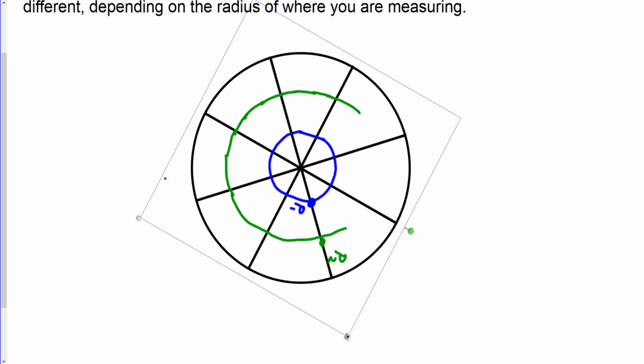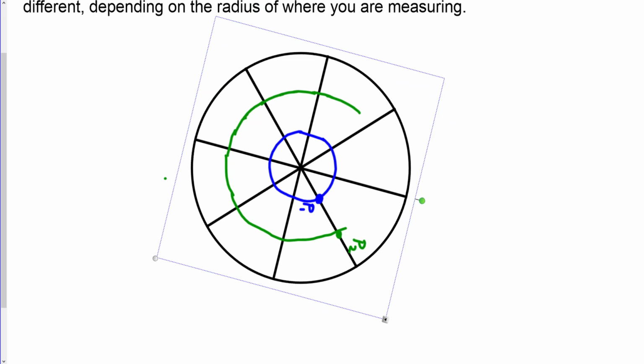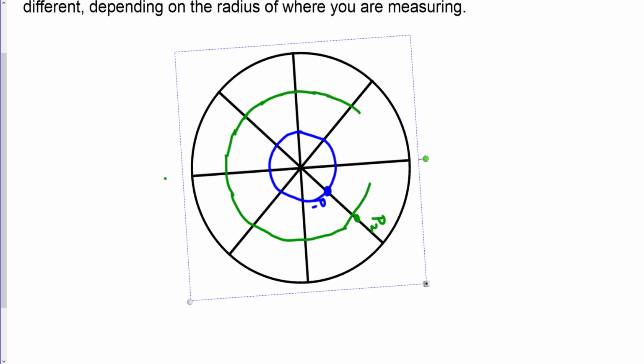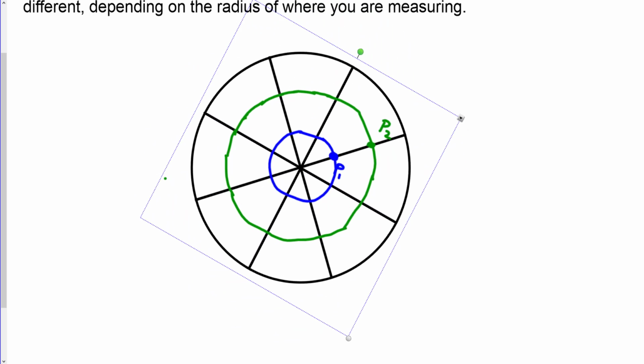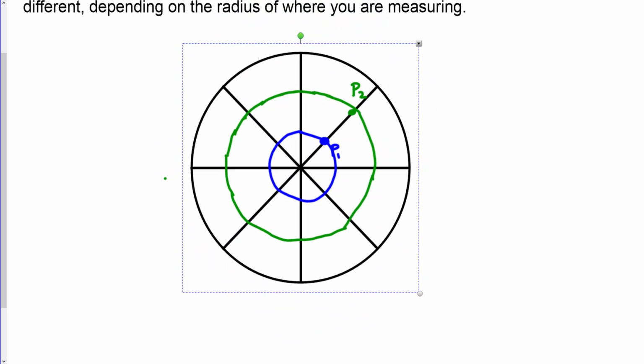It's kind of hard to do, so I'm just going to estimate it from here. As I go all the way around, I map out a circle, but it's a larger circle.